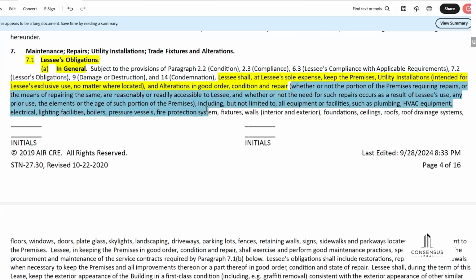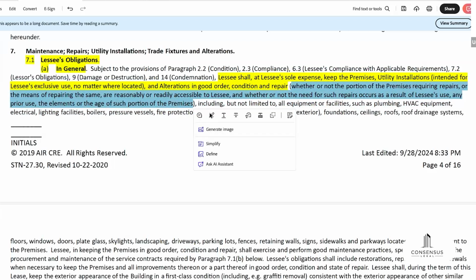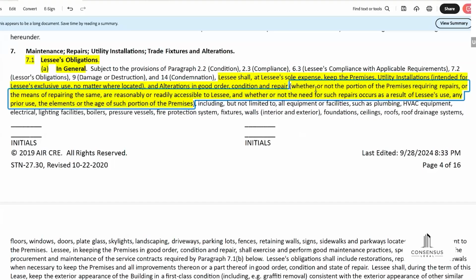And this parenthetical is clarifying and is an important point to discuss. Whether or not the portion of the premises requiring repairs or the means of repairing the same are reasonably or readily accessible to lessee, and whether or not the need for such repairs occurs as a result of lessee's use, any prior use, the elements, or the age of such portion of the premises.